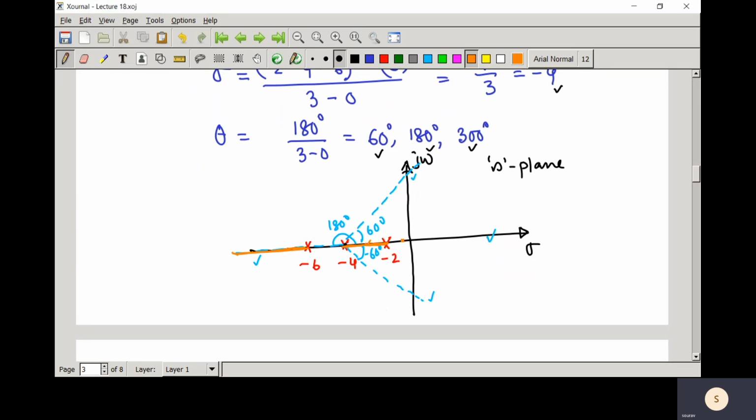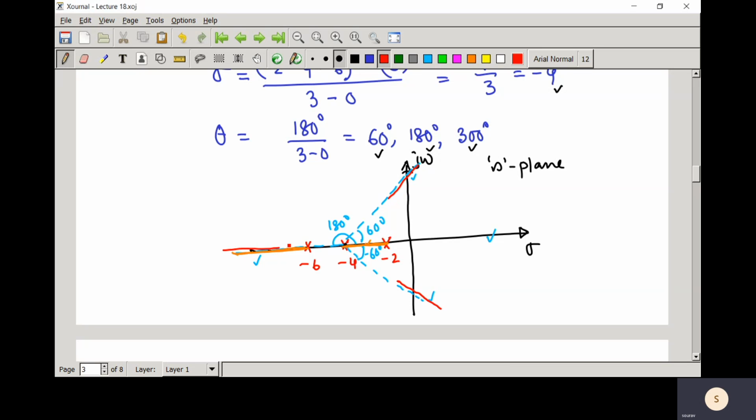But this is incomplete. The reason is we need to find the other parts. Whenever K is gradually increasing from 0 to infinity, at higher values, when K tends to infinity, we have seen that the root locus would follow a straight line path like this.